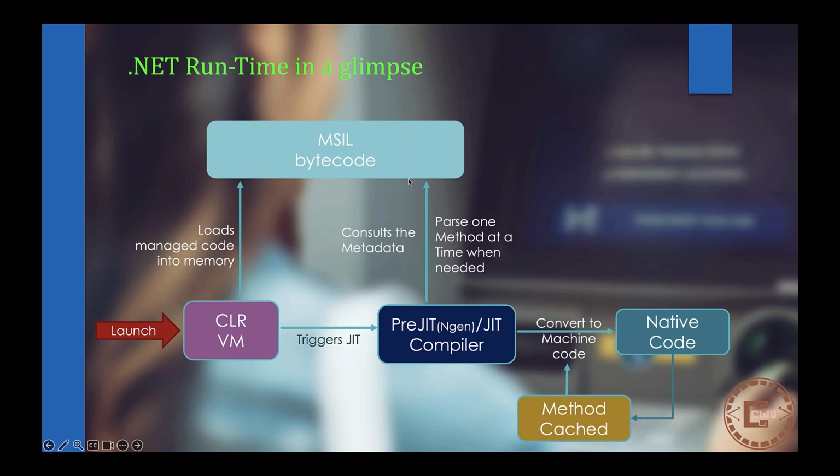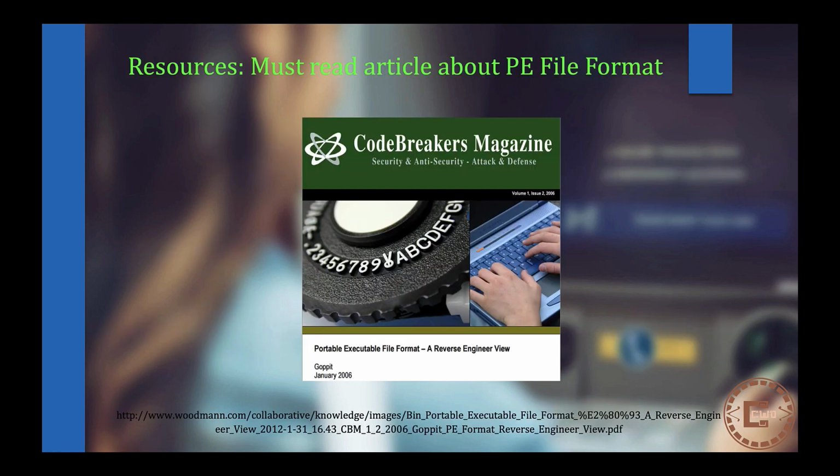It starts parsing the different methods, and if there is a method that has not been compiled, it calls the JIT, compiles it and runs it. If it is already compiled, it doesn't call the JIT, it just runs it. And if it has already run, it uses the method cache and doesn't get converted again. That's pretty much it. And finally it gets executed in the system.